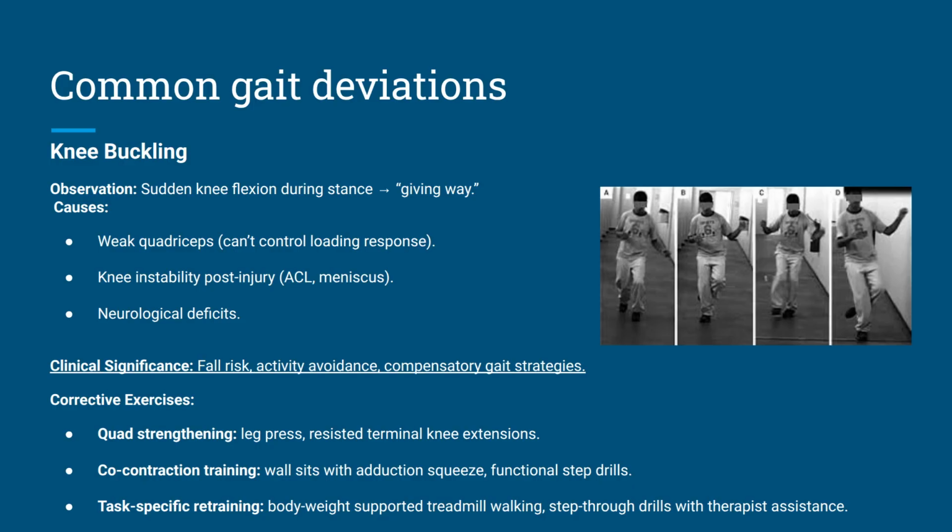Corrective interventions: progressive quad loading, such as leg press or resisted terminal knee extension, co-contraction drills, such as wall sits with an adductor squeeze, or functional step drills, and then task-specific retraining: bodyweight supported treadmill walking, or step-through drills with therapist assistance.